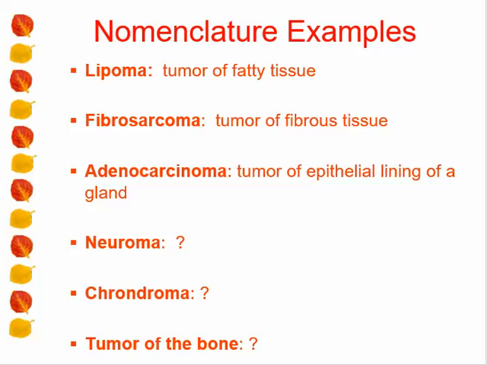A fibrosarcoma is a malignant tumor of fibrous connective tissue. A neuroma is of neurons, and it's usually benign. A chondroma is of cartilage. A tumor of bone would be an osteoma. There's a tumor of bone called the osteoid osteoma, which is of the osteoid. There are other bone tumors that are benign as well.